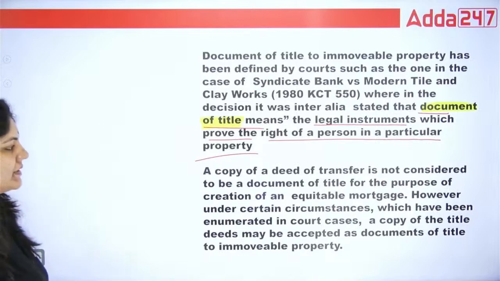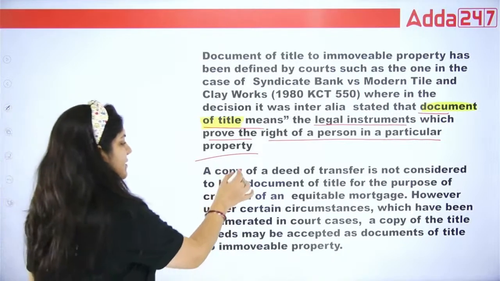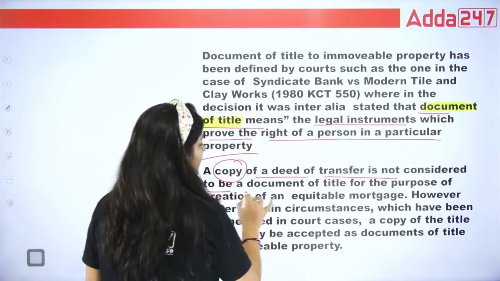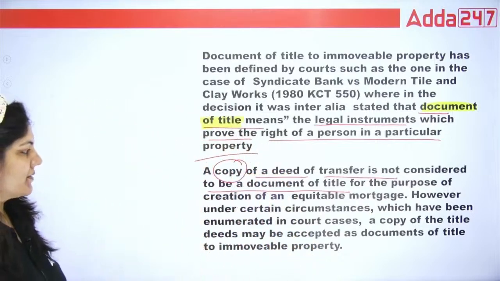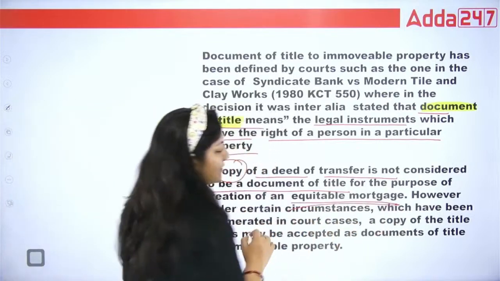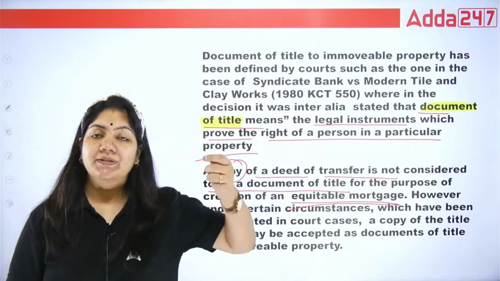A copy of a deed of transfer is not considered to be the document. It means the copy of a deed is not considered to be the document of title for the purpose of creation of equitable mortgage. Okay. See, in the equitable mortgage, we have to give a particular title deed.